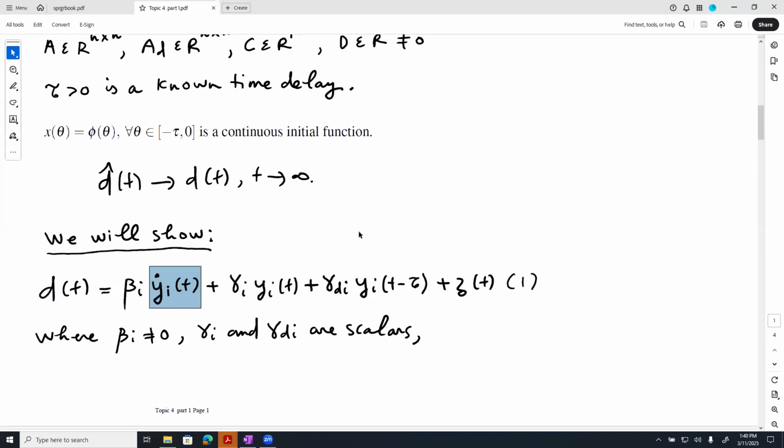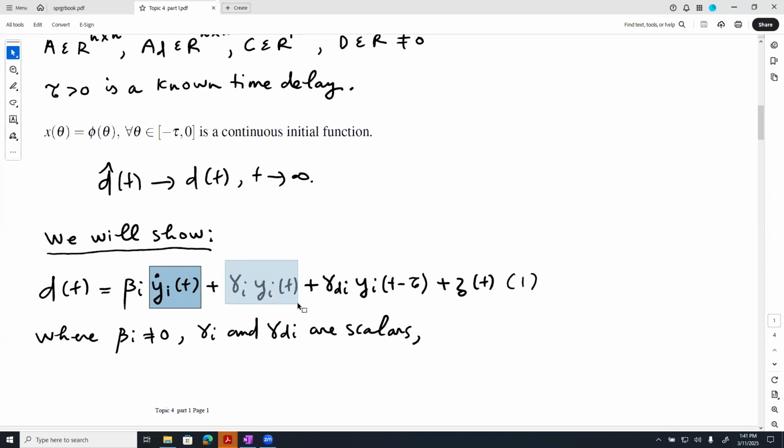Of course, if the first derivative of y_i(t) is used, it has to satisfy the matching condition, which is c_i times d must be non-zero, and that non-zero value is alpha_i, and then beta_i is 1 over alpha_i. So in this decomposition we have the first derivative of the output measurement y_i(t).